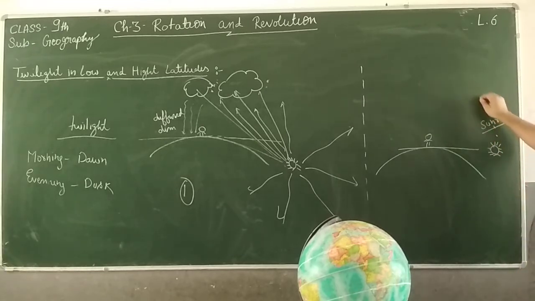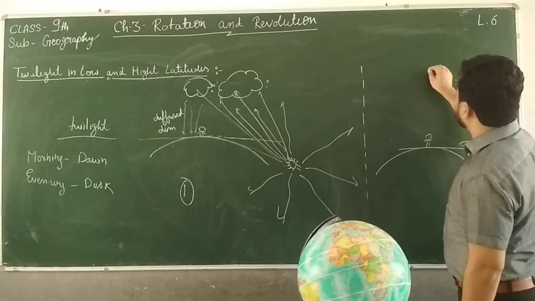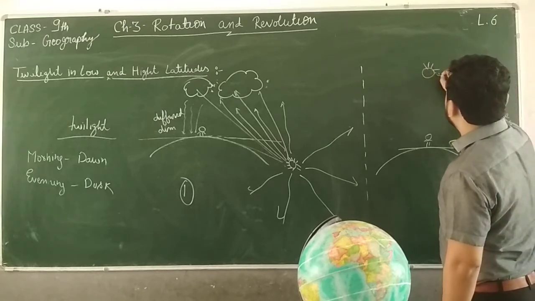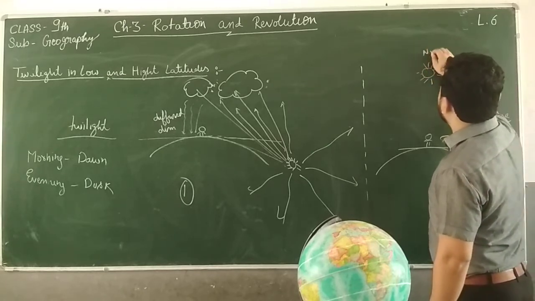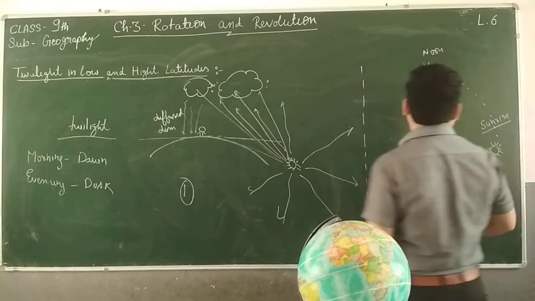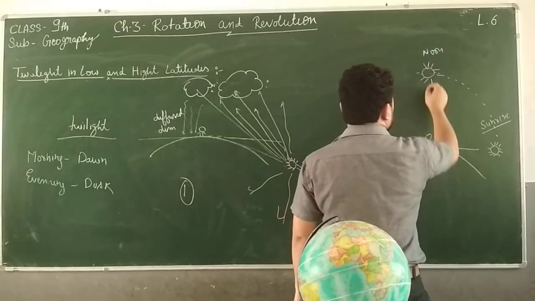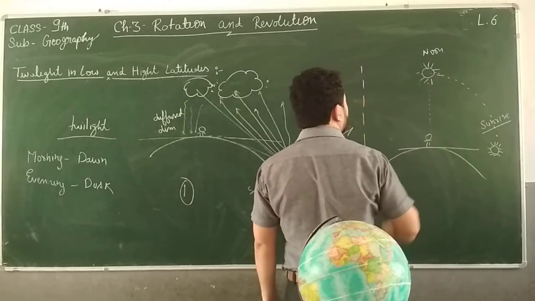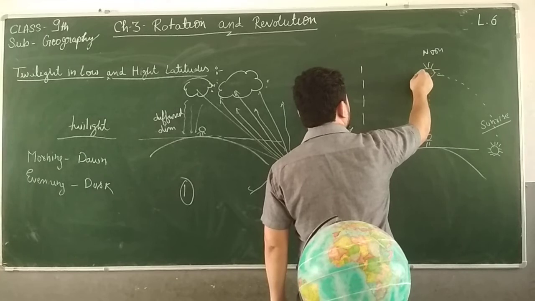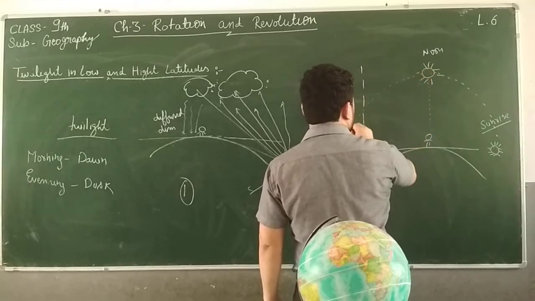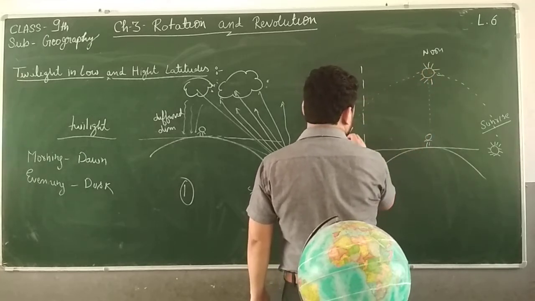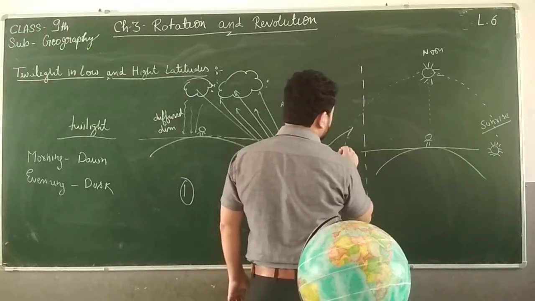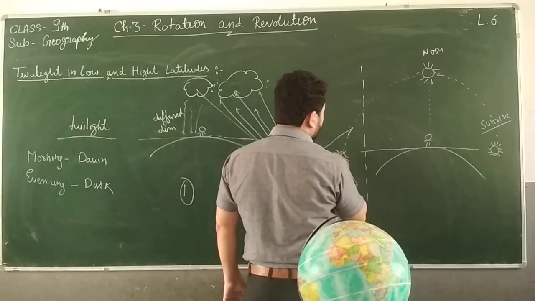And when the sun keeps moving and reaches here, this position will be known as noon. Clear? When the sun is overhead or the shadow of the sun is shortest, then it will again go below the horizon, and that will be sunset.